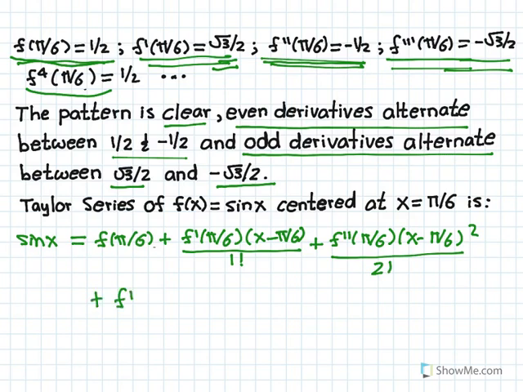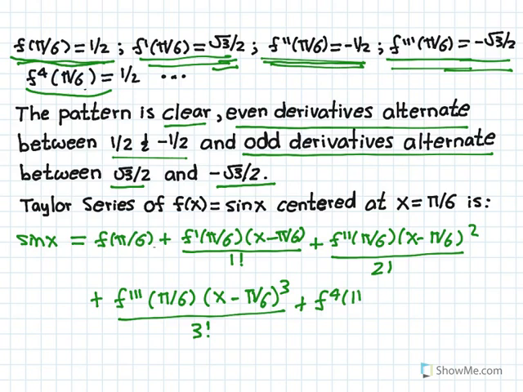plus f triple prime of pi over 6 times x minus pi over 6 to the power of 3 divided by 3 factorial, plus the fourth derivative f4 of pi over 6 times x minus pi over 6 to the power of 4 divided by 4 factorial, and so on.